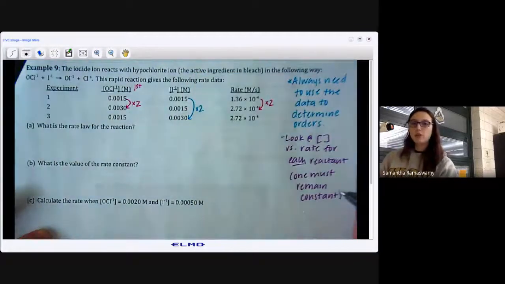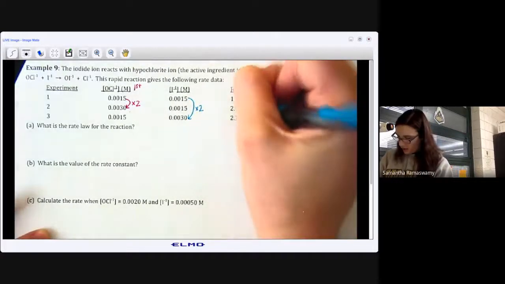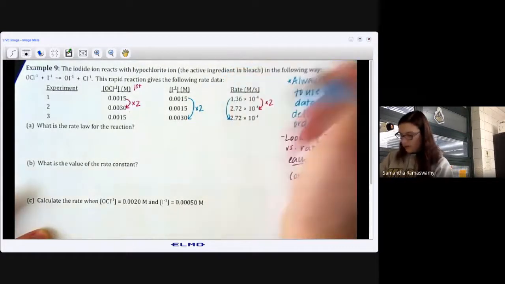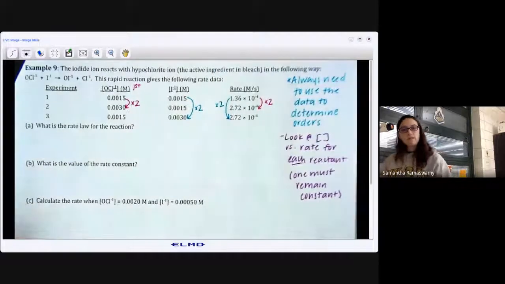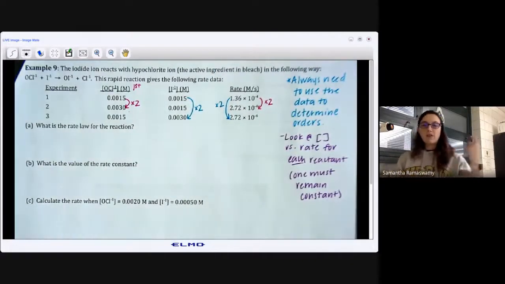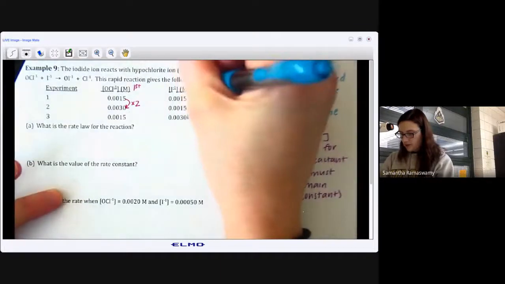Right, we go times 2. From 1 to 3, the rate also doubles. So if whatever happens to the concentration also happens to the rate, that means it's first order.